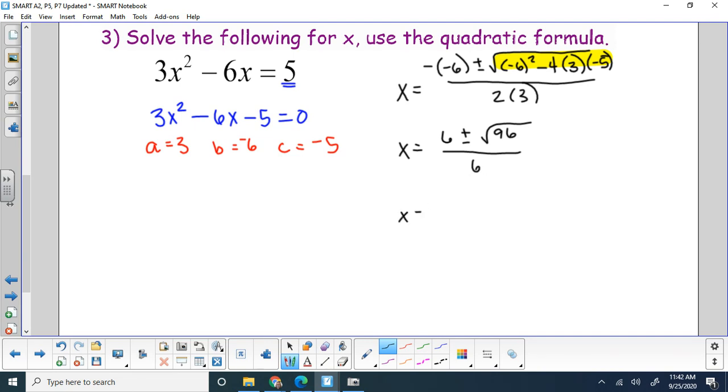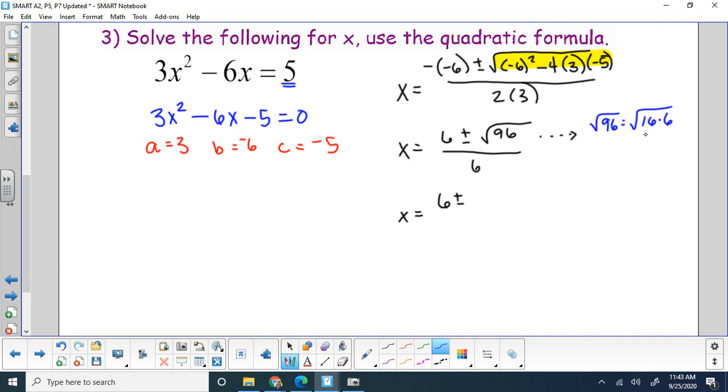Now I see that I have a square root of 96. We learned how to simplify radicals recently, so I'm going to step off to the side of my problem and simplify this radical. I know that the square root of 96 can be made up of the square root of 16 times 6.